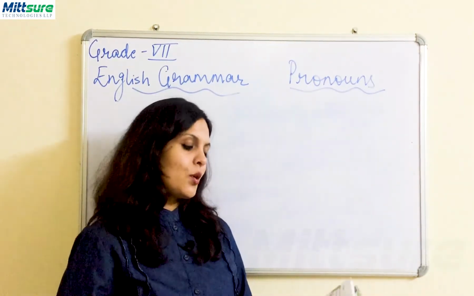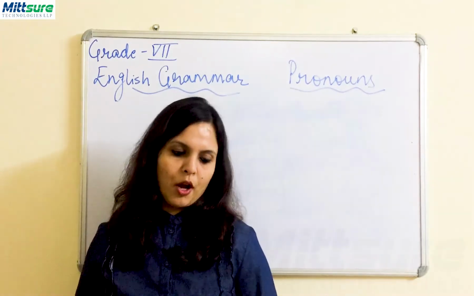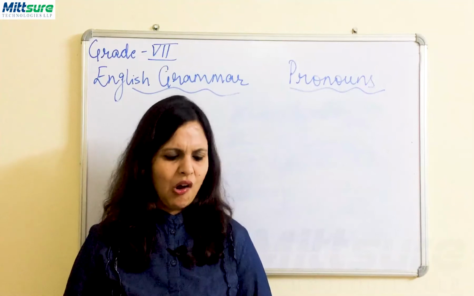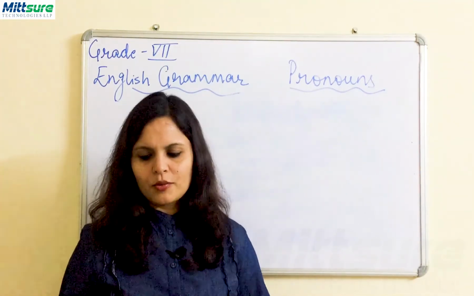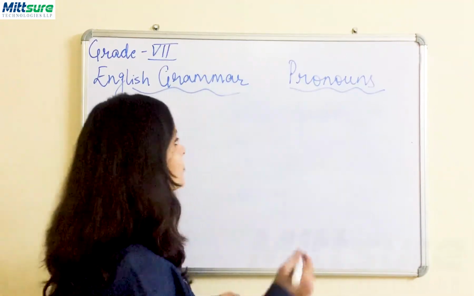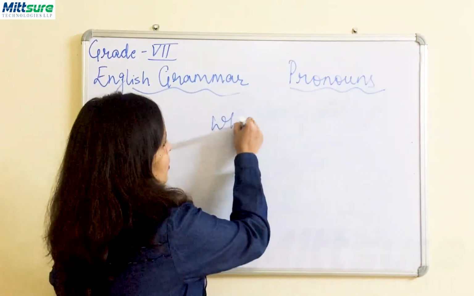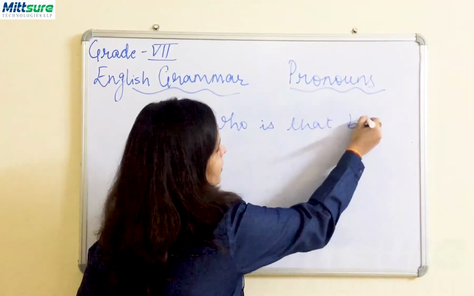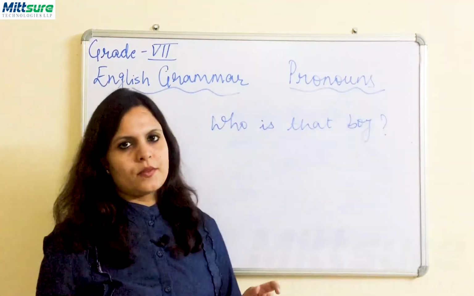Now let's understand the interrogative pronoun. An interrogative pronoun is used to ask a question about a person, thing or object, so I begin my question with words like which. For example, who is that boy? Do you see? It's a question, right?